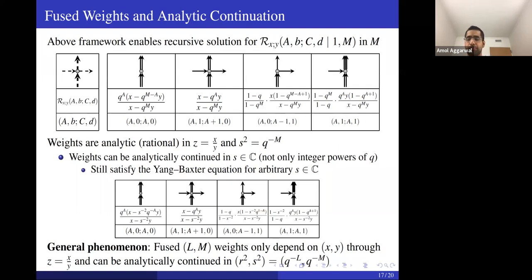Okay. So it's a fairly general phenomenon that I should mention. I did this in the case of U_q(sl_2 hat), but it happens fairly generally that these fused L-M weights depend on X and Y only through the ratio X over Y. And furthermore, they can be analytically continued in these parameters q to the minus L and q to the minus M, which in the literature we often refer to as R squared and S squared.